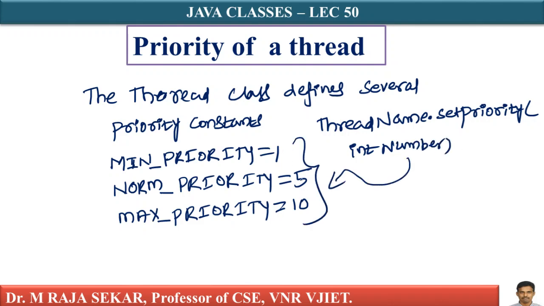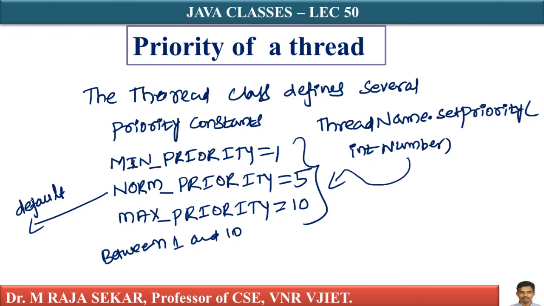The int number may assume one of these constants or any value between 1 and 10. This priority can be between 1 and 10. Note that the default setting is NORM_PRIORITY.